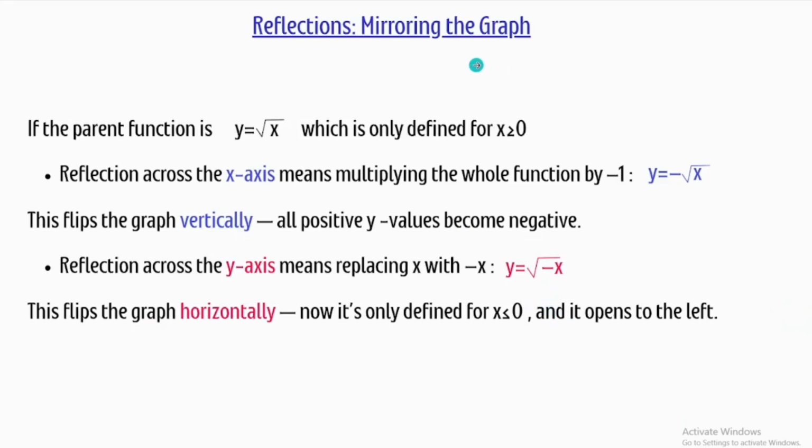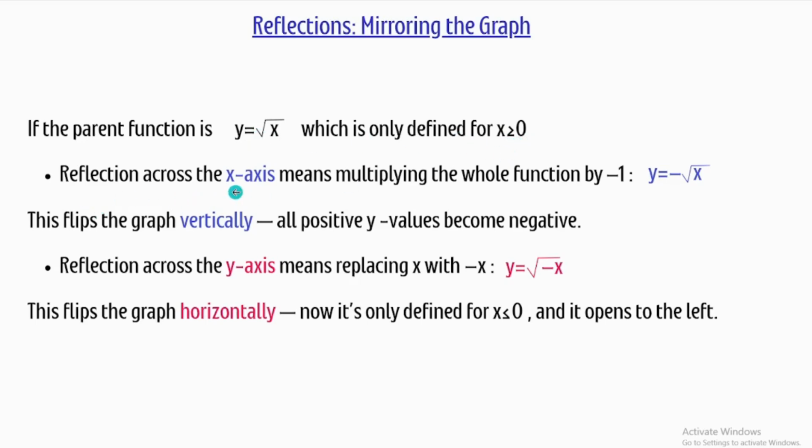Reflection, or mirroring the graph. If the parent function was y equals root x, which is only defined for x greater than 0, there is no negative in the radicand. The x here is the radicand, and since it's a square root, x has to be greater than or equal to 0.